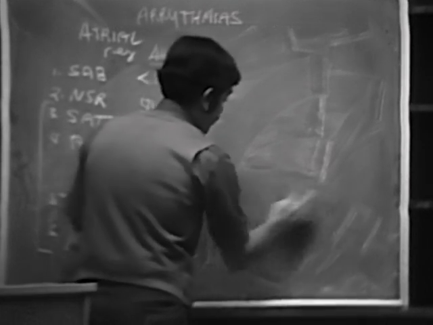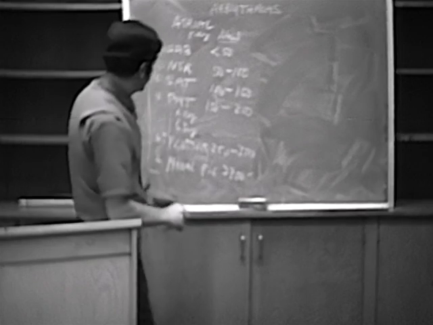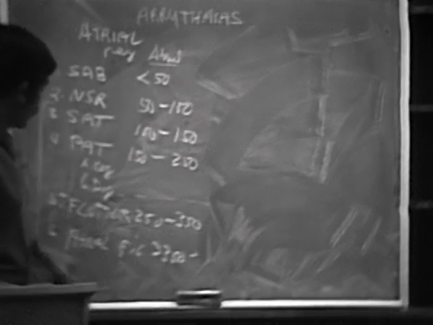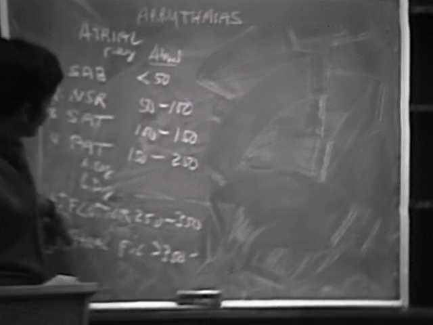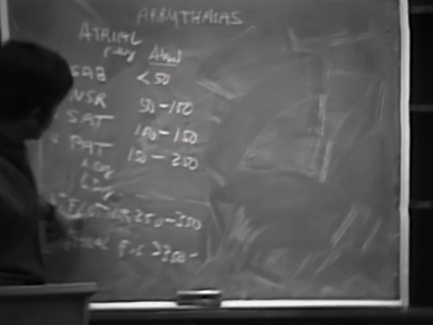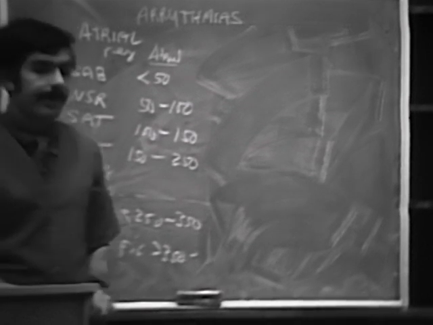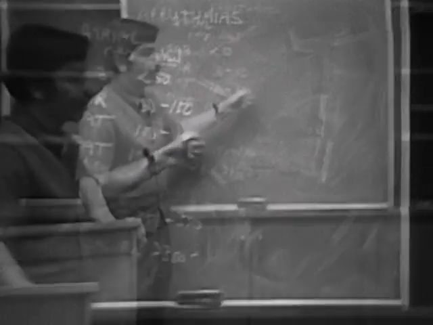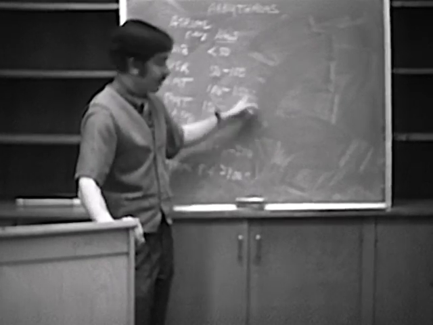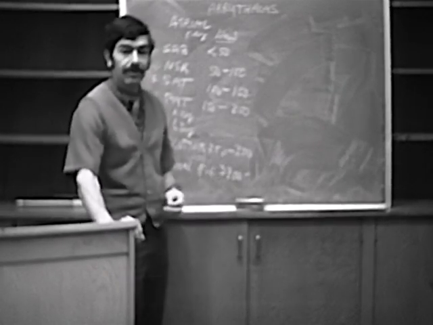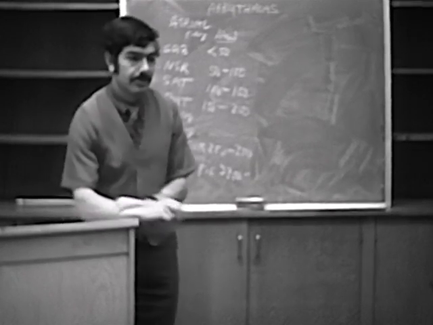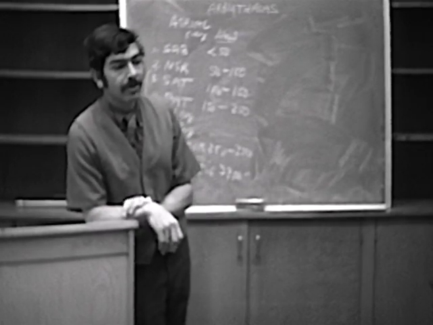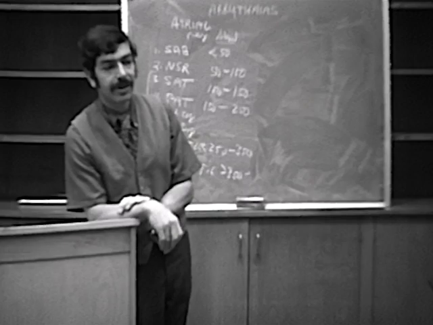Okay, now let's get back to the problem. How are we going to differentiate these 4? Now you may say, well, there's really no problem here in differentiating a flutter from a sinus tach, right? Because at the best, a sinus tach goes around 150 or 160, and flutter is up around the 300 range. But is that so? Not at all, right? Because the most common way flutter appears is how?